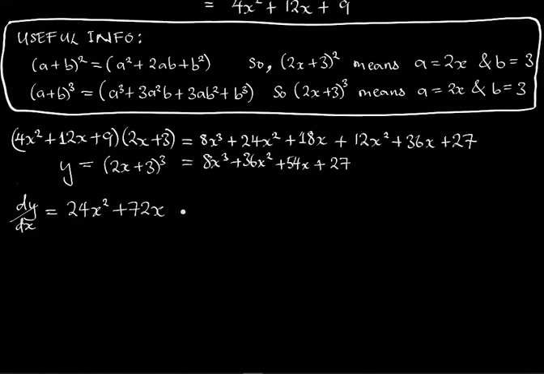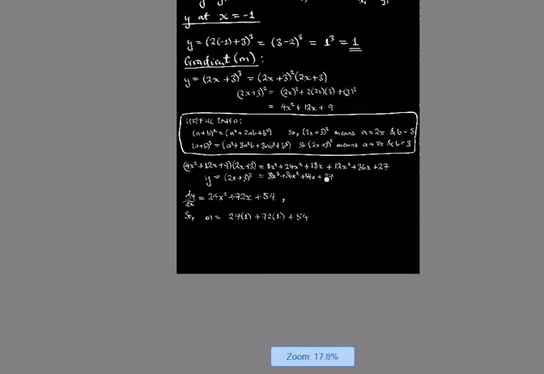We reduce the power by 1, it becomes a 1. And we have 54. So our gradient m is equal to this function, and then we plug in a 1. 72. You see how the 1 simplifies everything? Plus 54. Or was it negative 1?